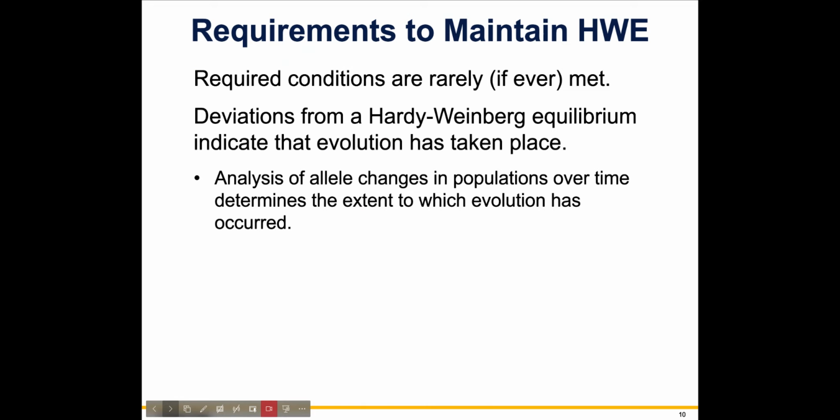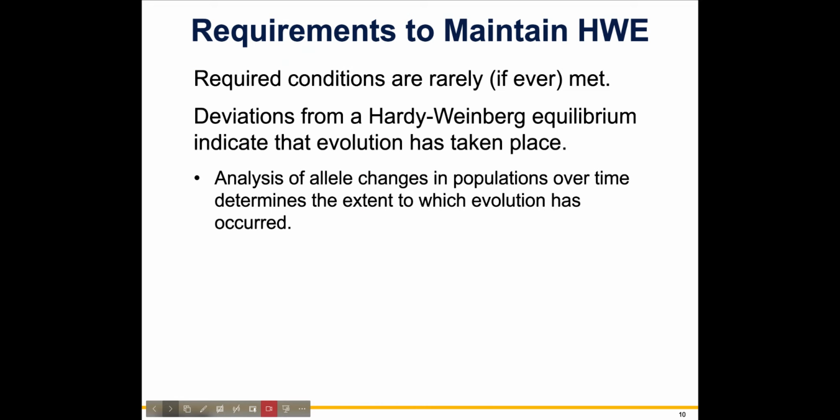So again, in order to understand Hardy-Weinberg equilibrium, we need to remember that those conditions, the no mutations, the no gene flow or migration, the random mating, the large population size, or no genetic drift, the no selection, that is rarely, if ever, met.